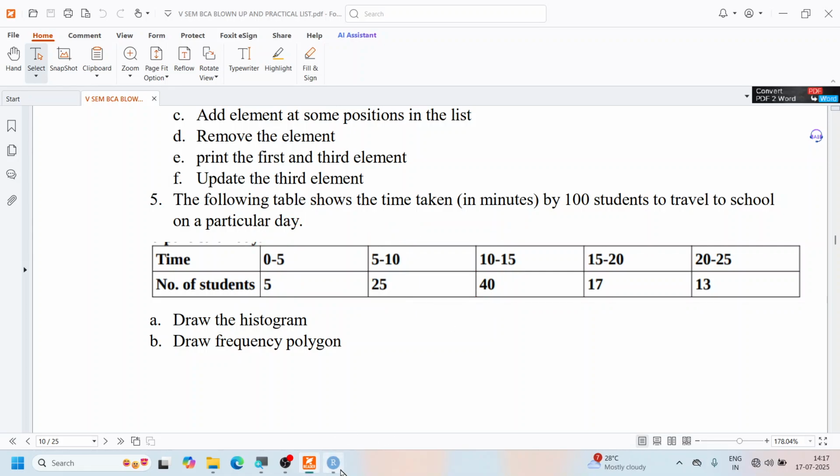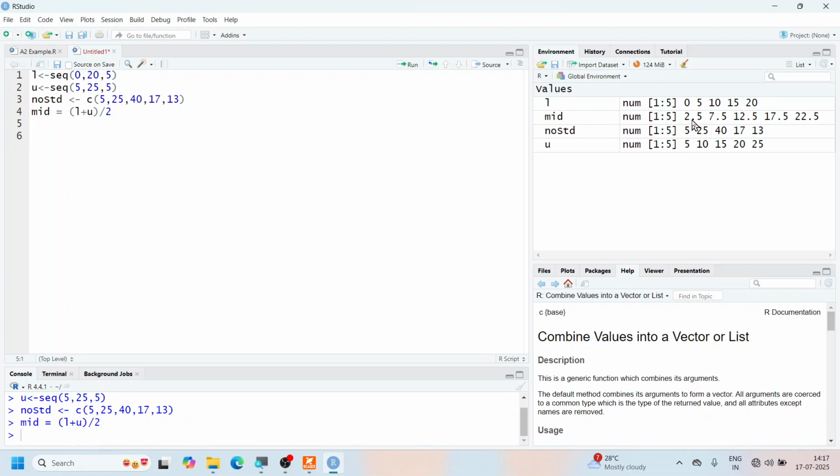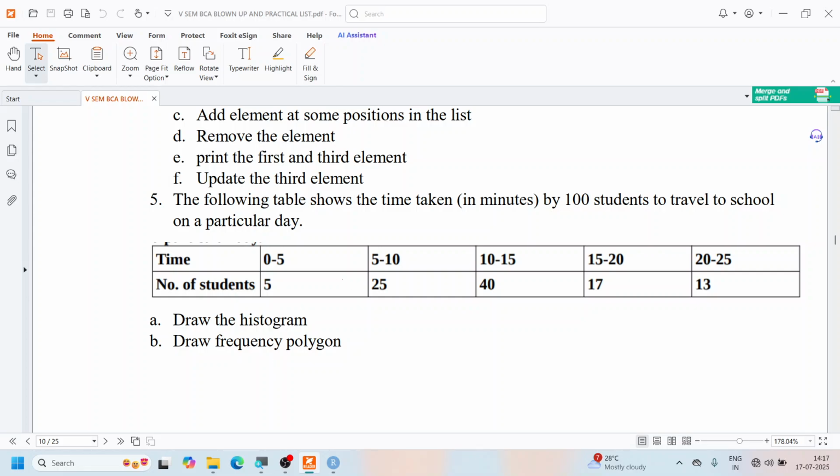In other words, whatever mid value I am getting, the half value that I'm getting, I will repeat it as many times as the number of students. So 2.5, 5 times; 17.5, 17 times; 20 to 25, that is 22.5, I'm going to repeat it 13 times.